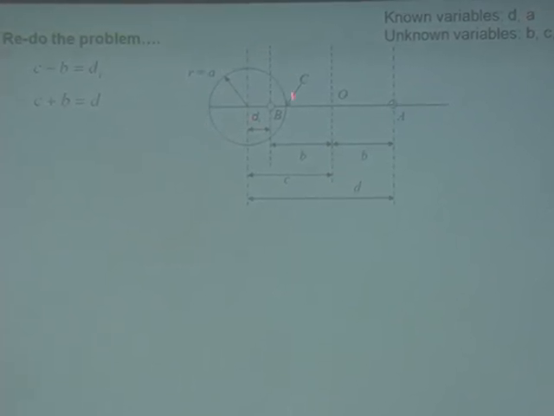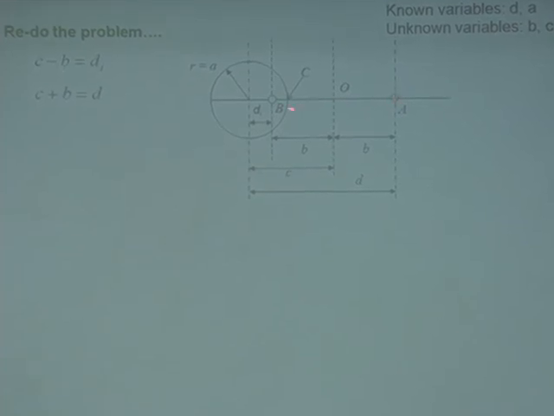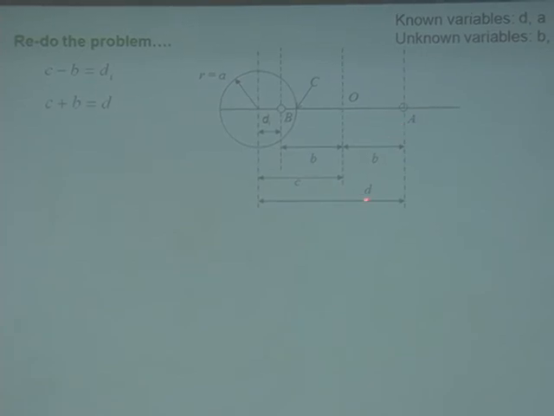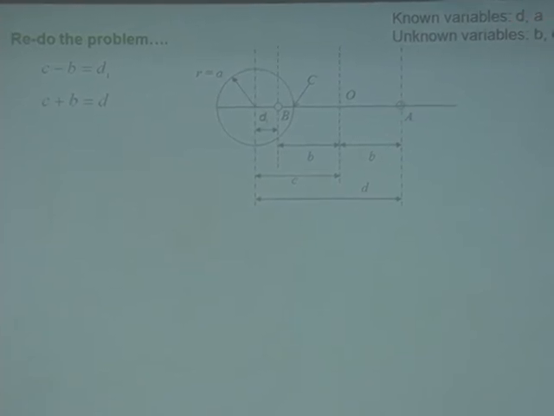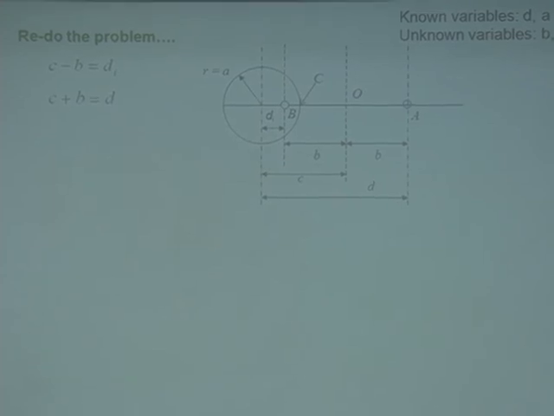And when you put this conducting cylinder into a position with respect to a line charge here, then you definitely know the distance between the center of the cylinder and this line charge. So D is also known. Okay, so you have two known variables.